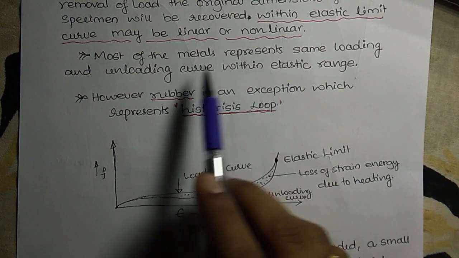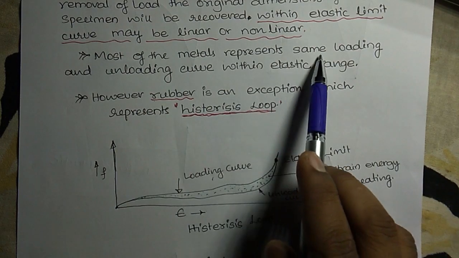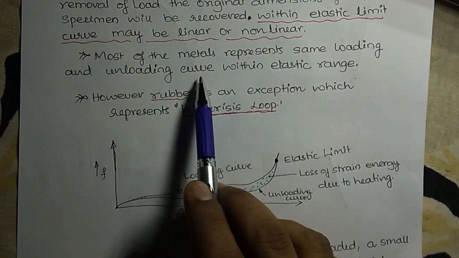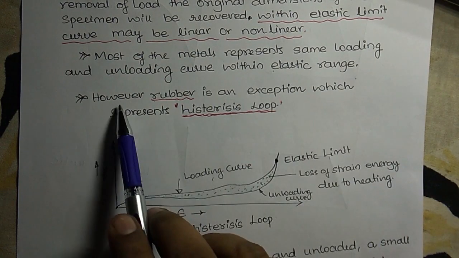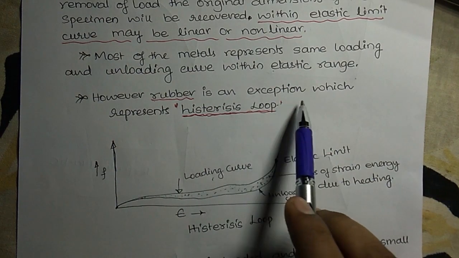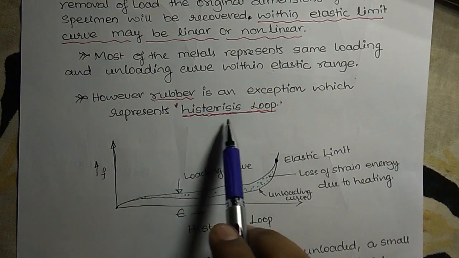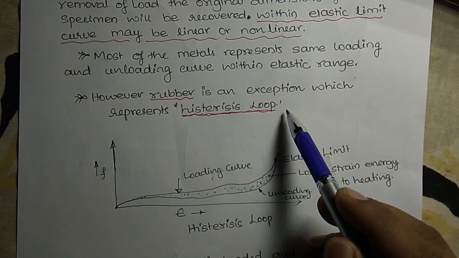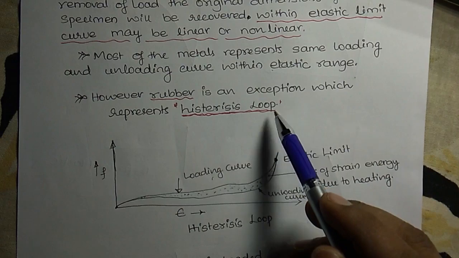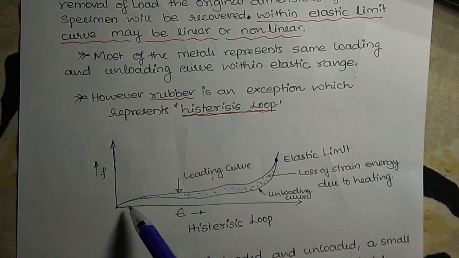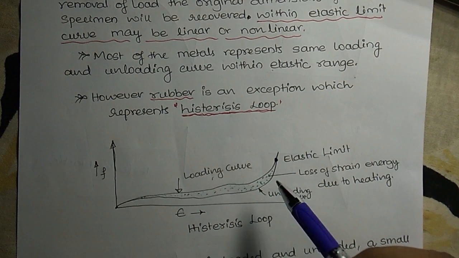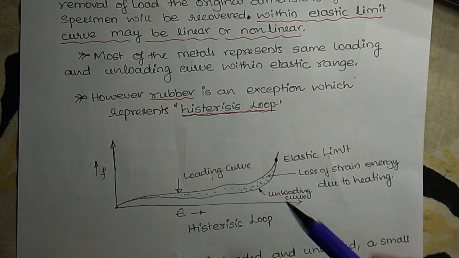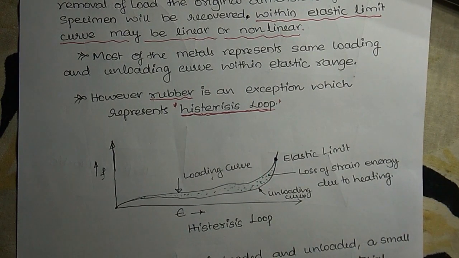Most metals show the same loading and unloading curve within the elastic range. However, rubber is an exception, which represents a hysteresis loop. This is one more thing you should note down. The loading curve and unloading curve are different, and for rubber, this type of stress behavior we call a hysteresis loop.